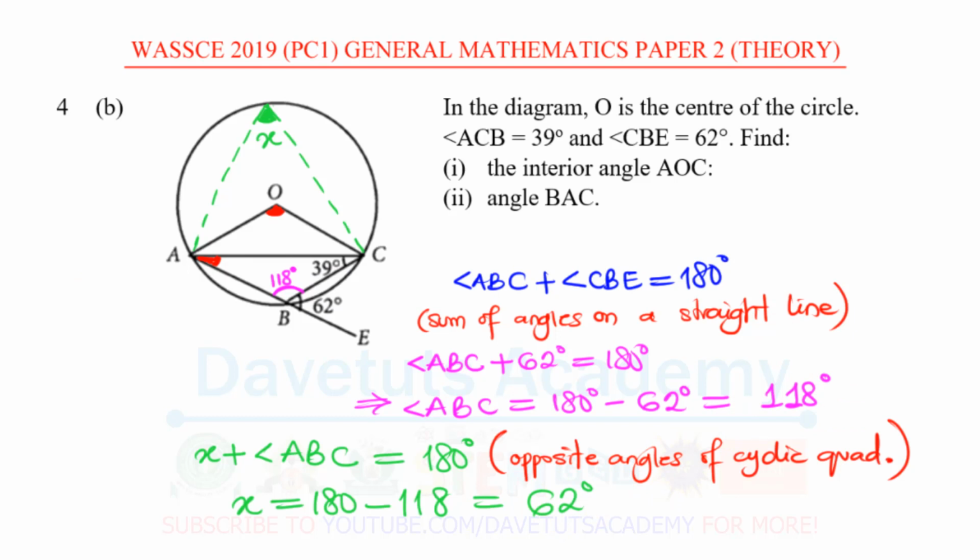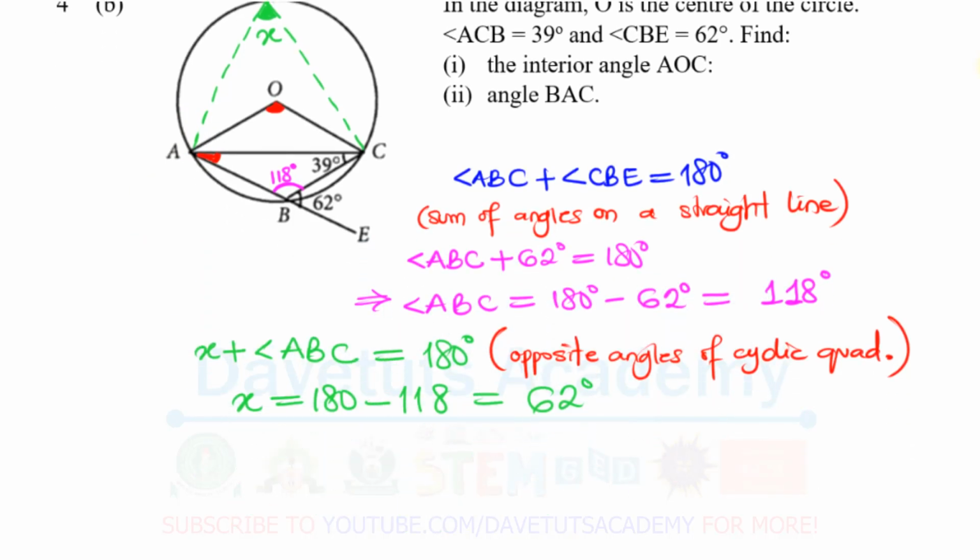Now, if X is 62 degrees, I can now find angle AOC that we are asked to find. How will I get angle AOC with this that I've already earmarked? I can easily say, look, from this diagram, angle AOC is equal to 2x. And there's a reason for that also.